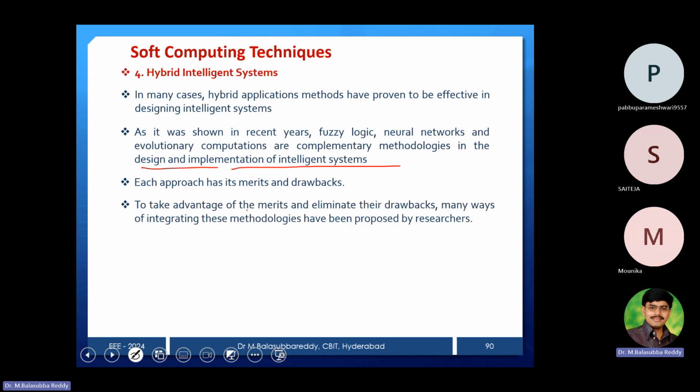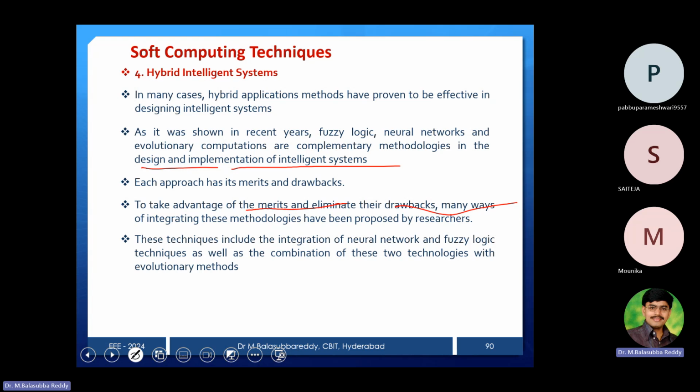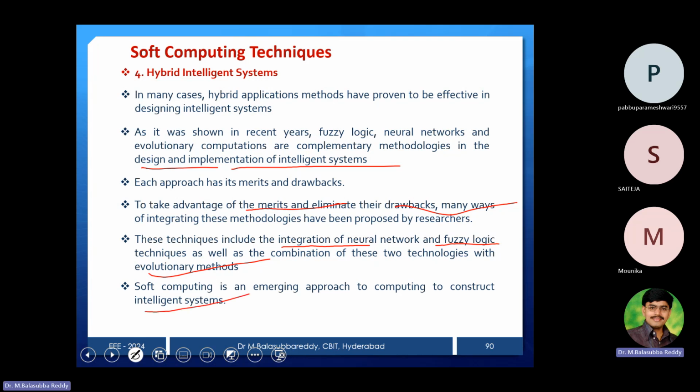To take advantage of the merits and eliminate the drawbacks, there are many ways, but here the hybridization technique includes the integration of neural network and fuzzy logic techniques, and then a new evolutionary method is going to be evolved. In the same manner, soft computing is an emerging approach to computing, to construct an intelligent system. It provides the ability of parallel computing as in a human brain. So this is the major thing.